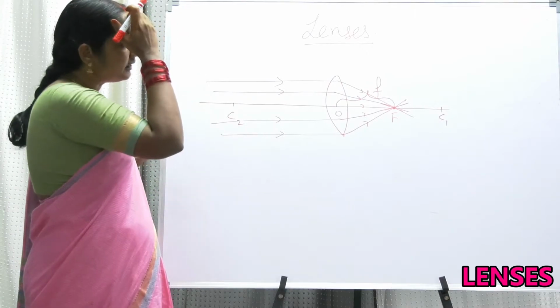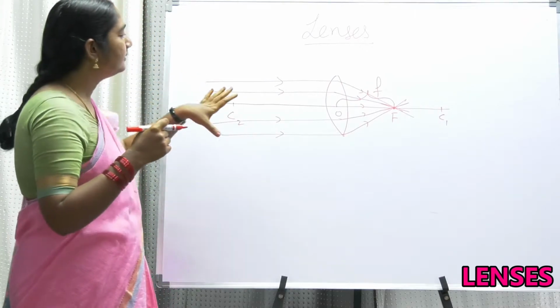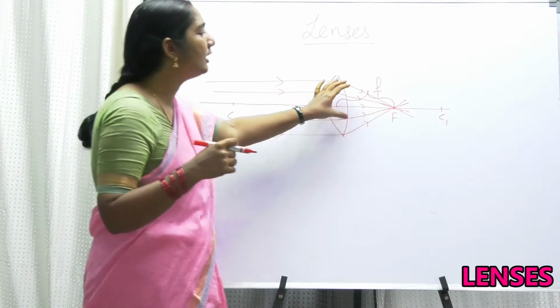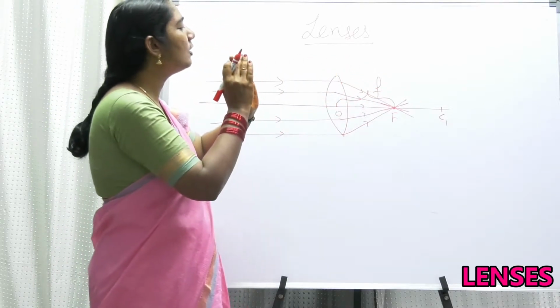So now my dear friends, this parallel beam is converted into a converging beam after passing through a convex lens.